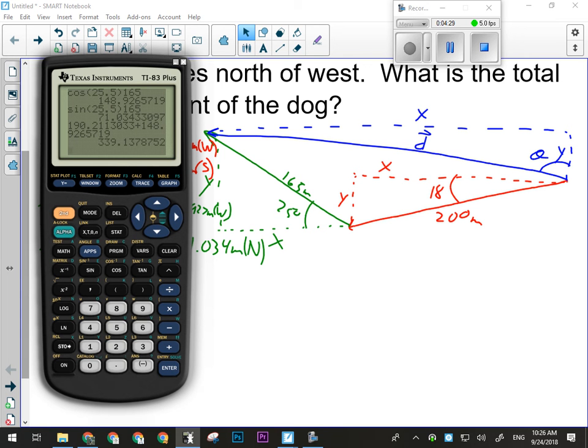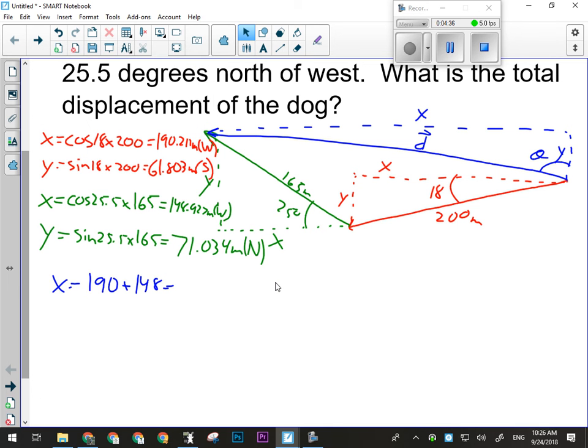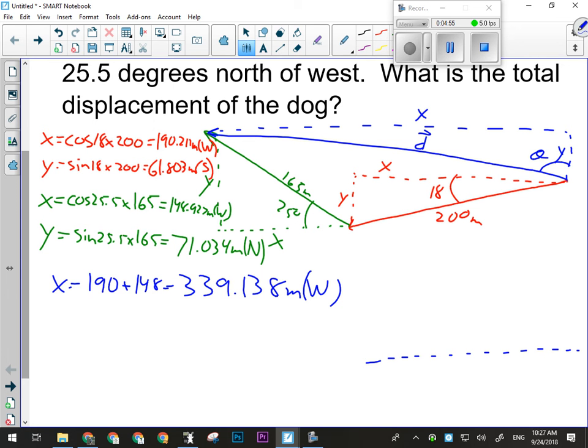All right, so we've got 339.138 meters west. If I was building my resultant triangle using the separate triangle method, I could draw one of the components, the x one, and it would be 339.138 meters.